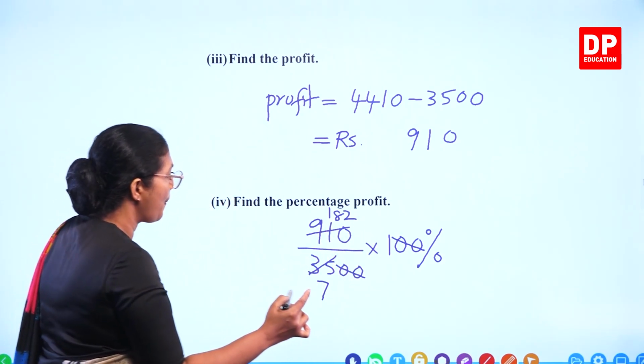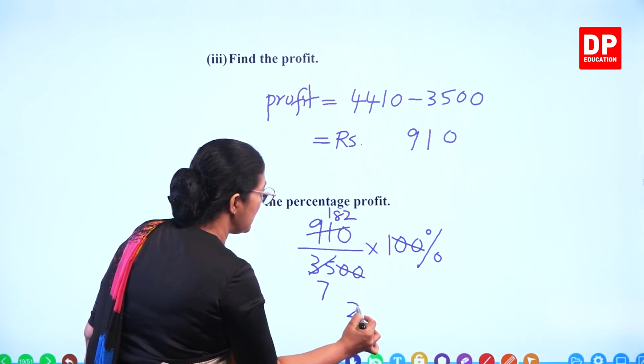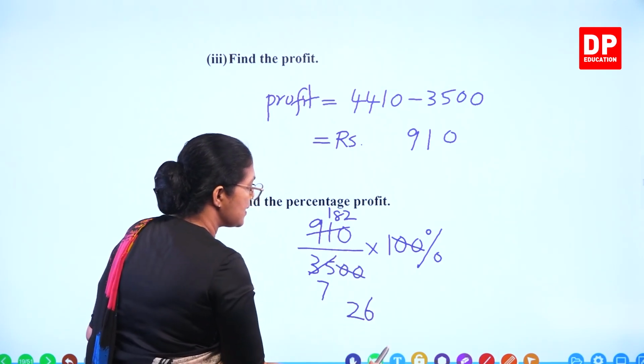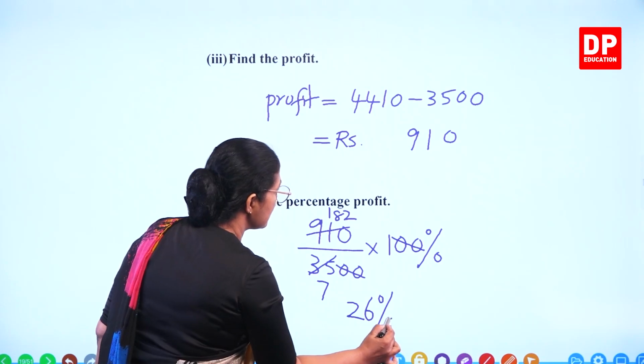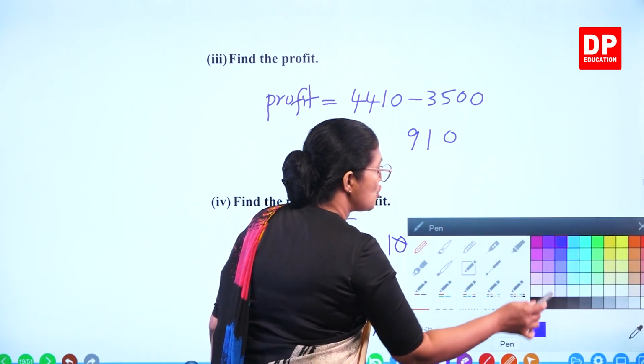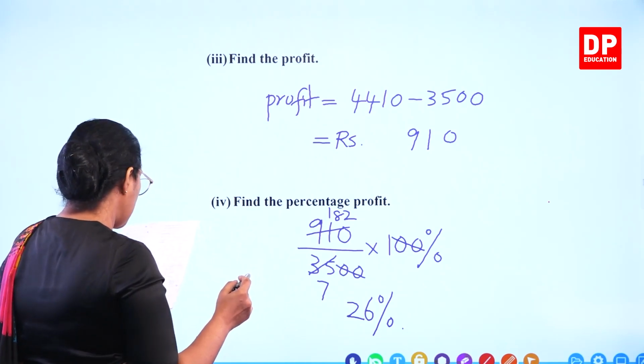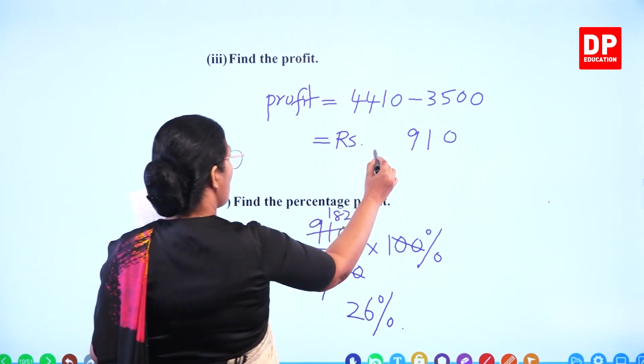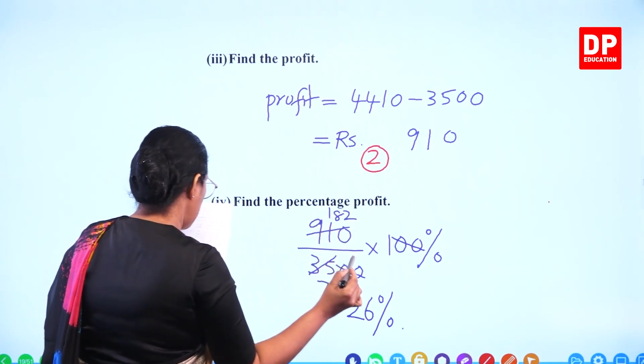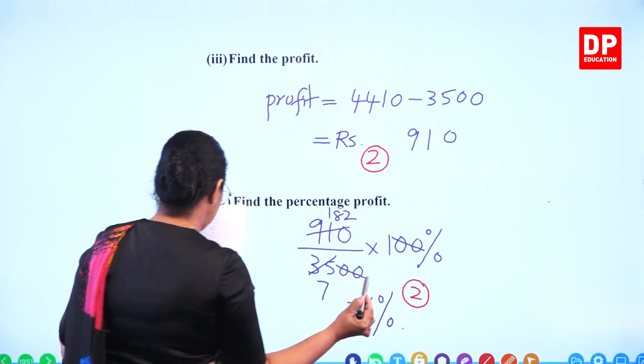Divide by 7. 7 times 2, 14. 42, that's 6. 26% is the percentage profit. So how many marks for that part? You get 2 marks for this part and 2 marks for this part.